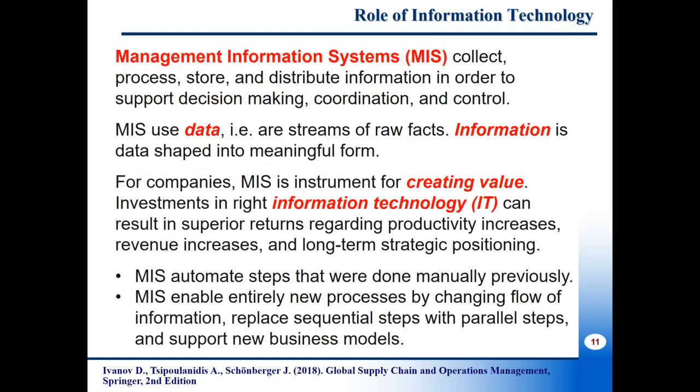And what about the MIS or Management Information System? MIS is used to collect, process, store, and distribute information in order to support decision-making, coordination, and control. And there are two kinds of data or information here.